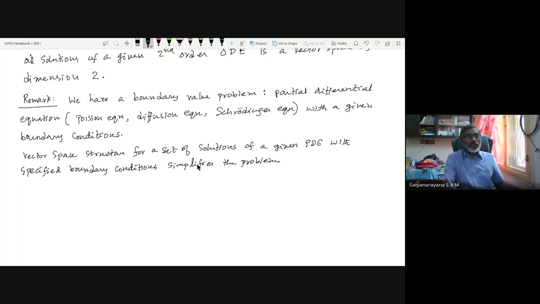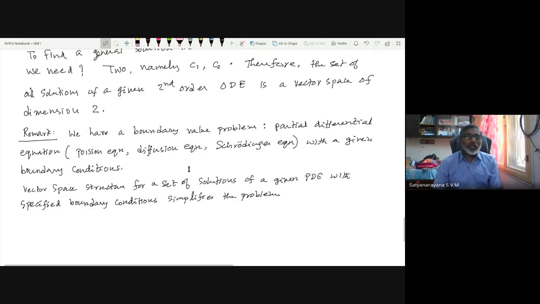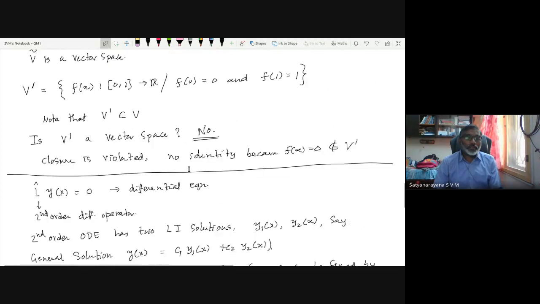Otherwise, we may not be able to solve it easily. One has to go to a computer and solve that problem numerically. Okay, so this is a remark associated with this one.